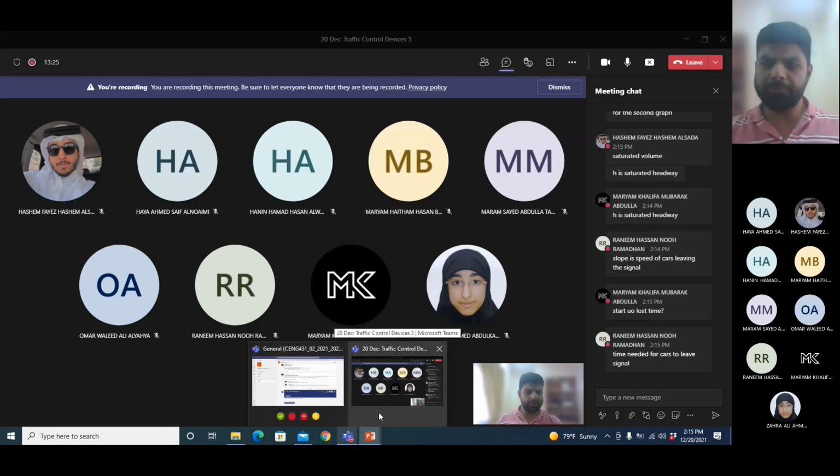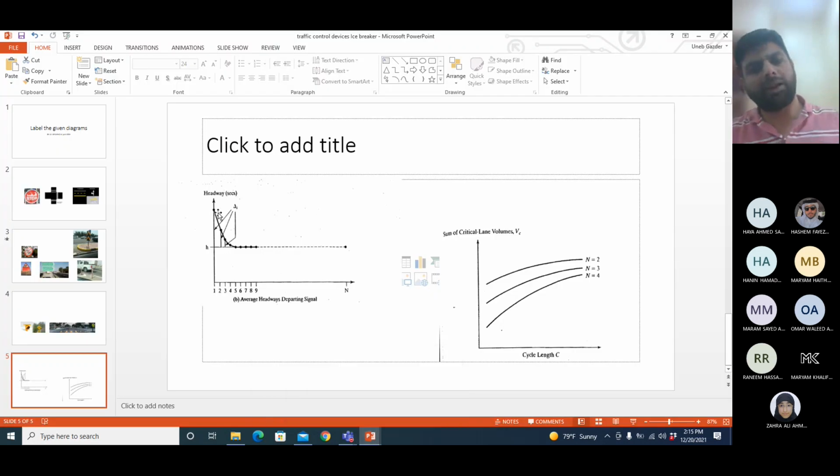Startup loss time, yeah. Startup loss time needed for cars to leave the signal. Okay, great. That's good. So this is basically the headway between the cars leaving the signal, and whatever value you observe in addition to saturation headway is a startup loss time. Saturation headway is attained from the fourth or the fifth vehicle in the queue.